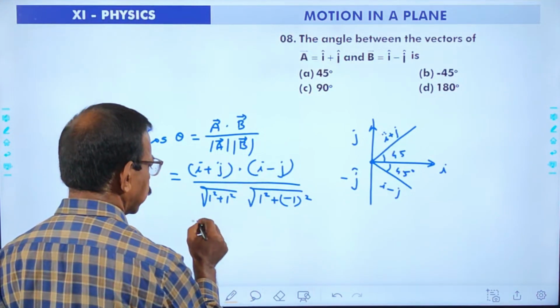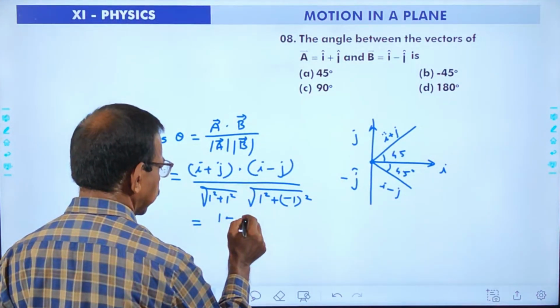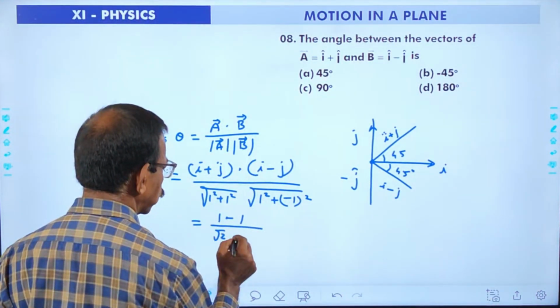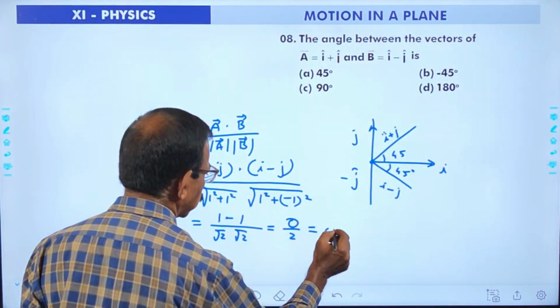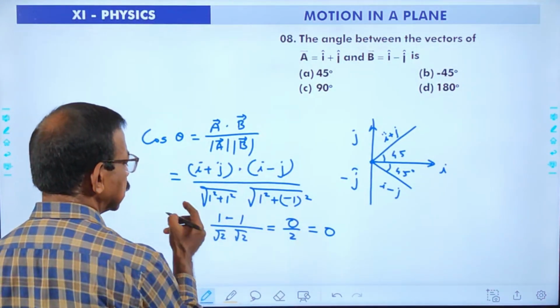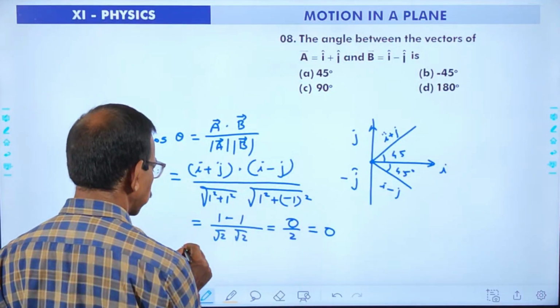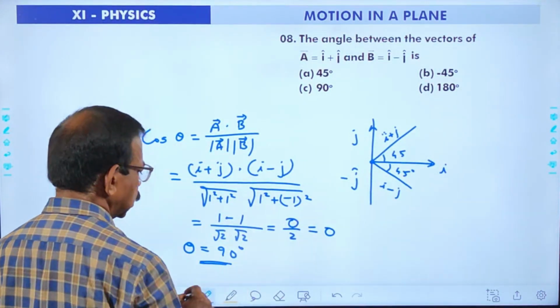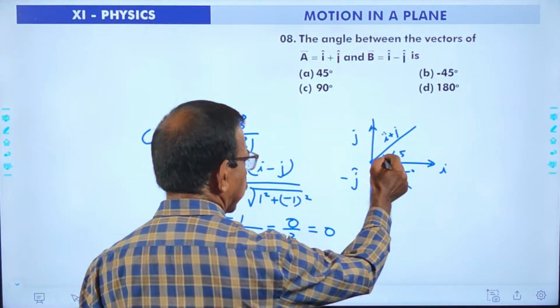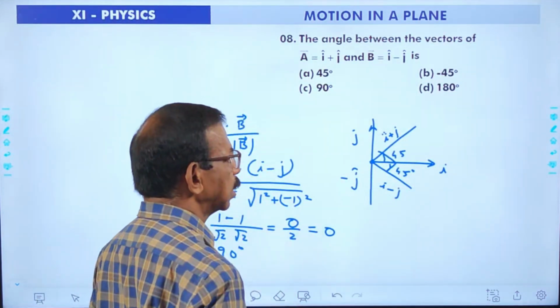We know that i dot i is 1, j dot j is 1, so it is 1 minus 1 divided by root 2 into root 2, that is 0 by 2, equal to 0. Since cos theta equals 0, theta equals 90 degrees. Here also, the angle between i plus j and i minus j is 90 degrees.